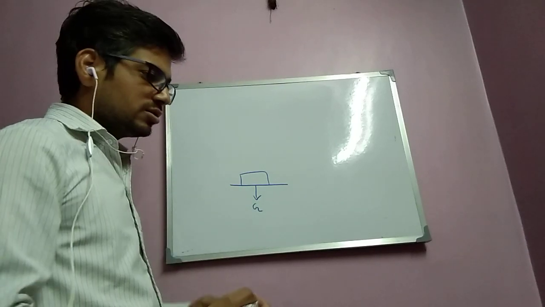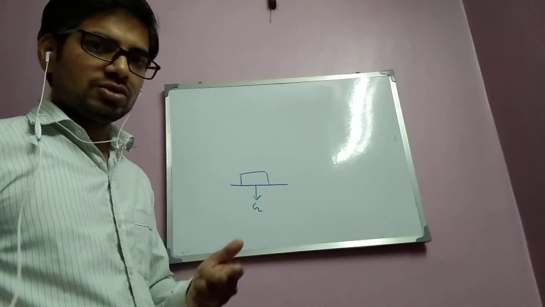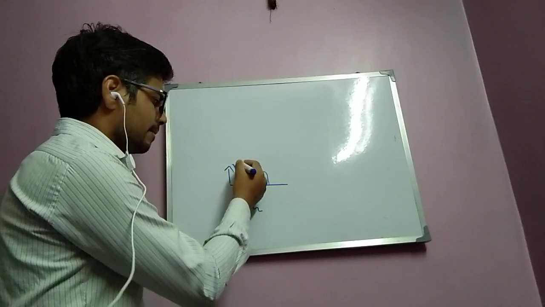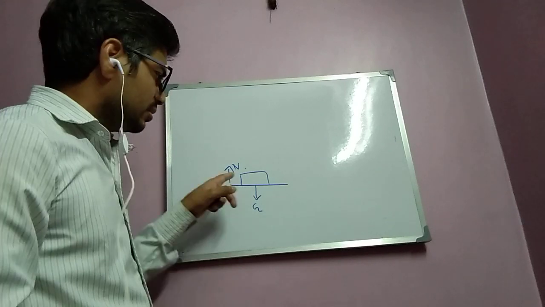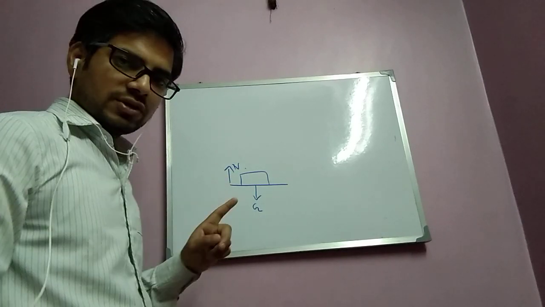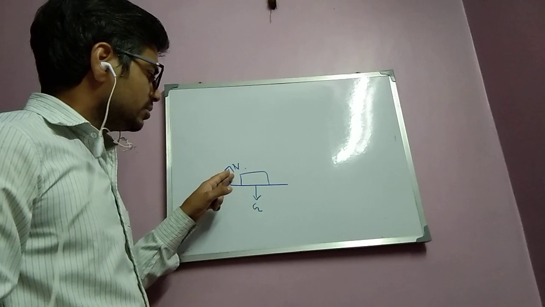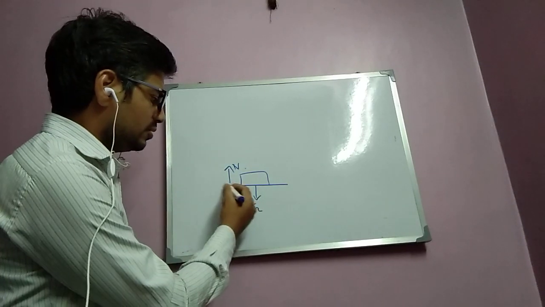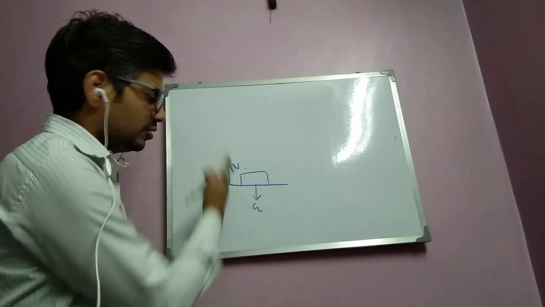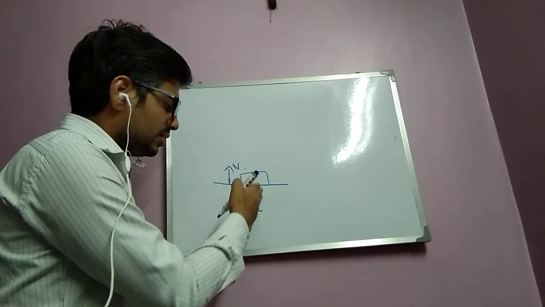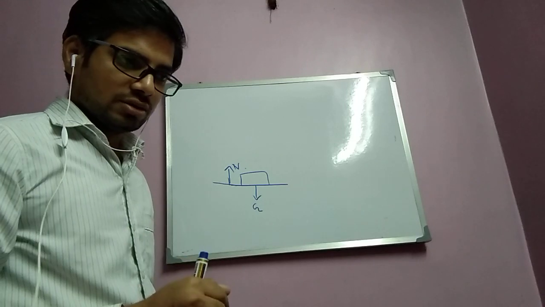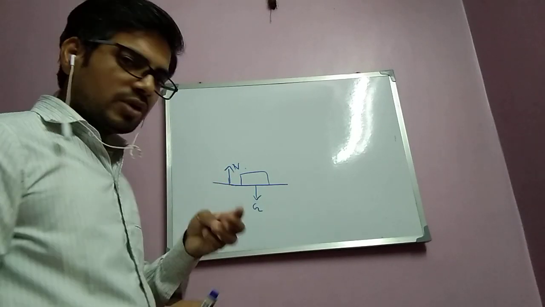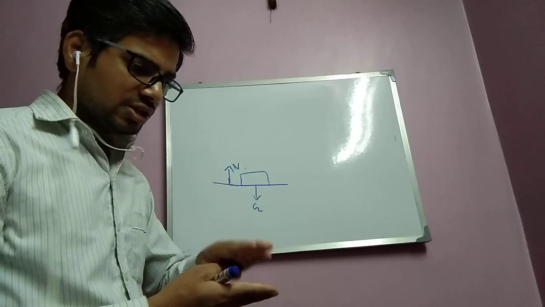No, because there is one force which is acting opposite to gravity, and that is the normal reaction force. The direction is perpendicular to the surface. Remember that normal reaction force always acts perpendicular to the surface. So this is the surface, this is the perpendicular, it will act upwards, and gravity acts downwards towards the center of the earth. So what is the direction of gravity? Towards the center of the earth, and normal reaction is perpendicular to the surface on which the body is placed.